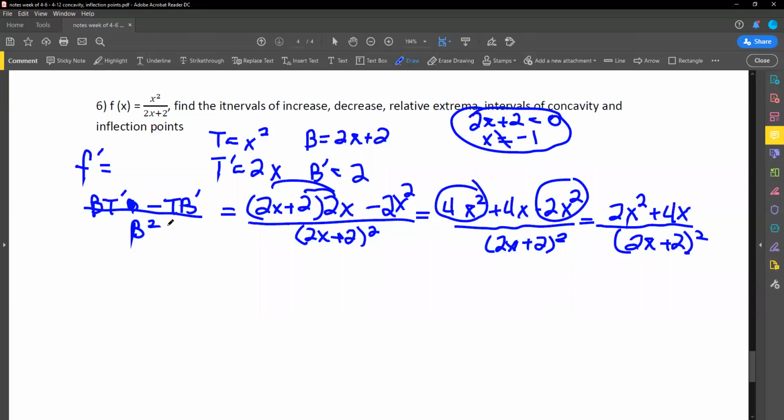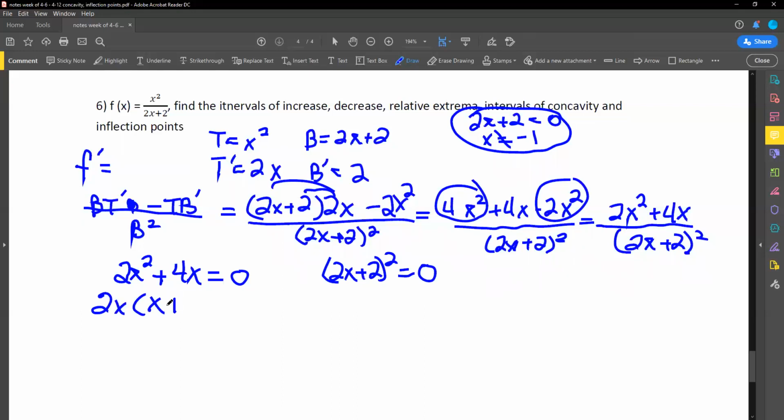All right, so to find the critical values, I have to test where the top is 0 and where the bottom is 0, okay? Because those are places where the signs of the derivative can change. Okay, so if I solve this, let's say I can factor out a 2x, and I'm left with x plus 2.